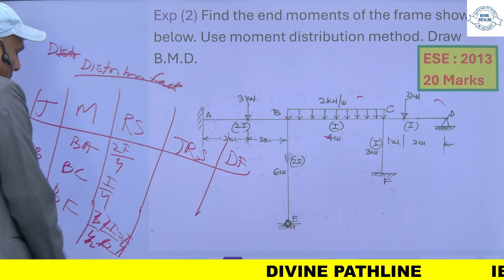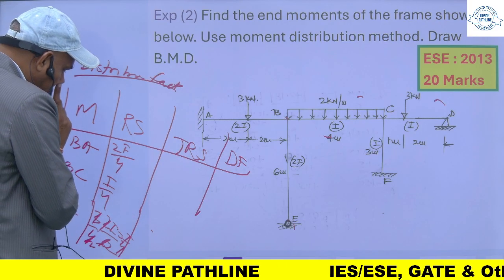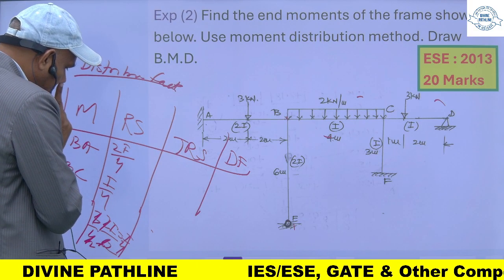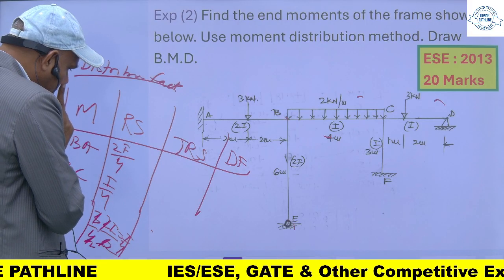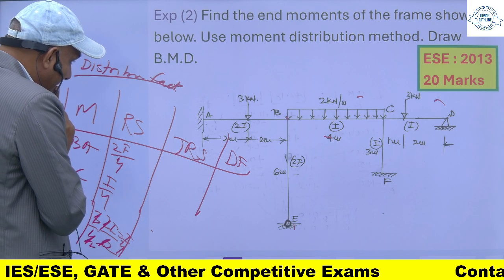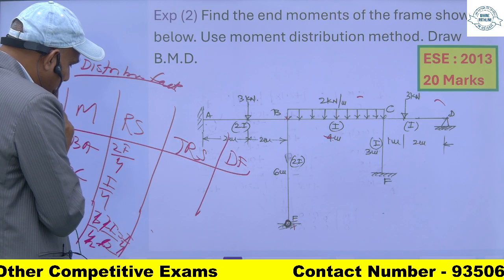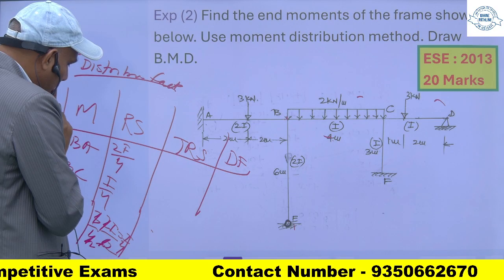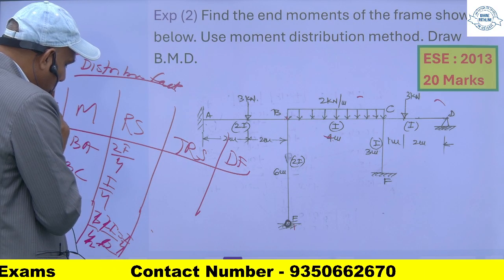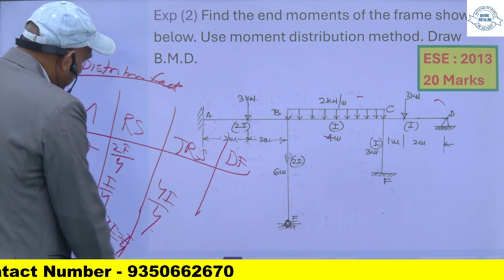So 2I by 4, I by 4, I by 4, it will be 4I by 4 you will get.